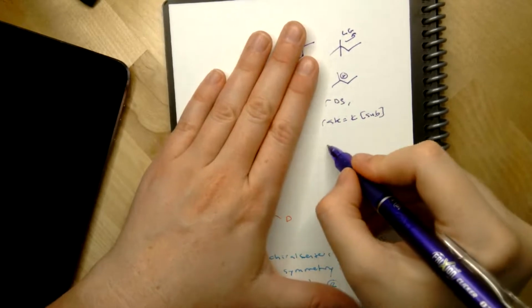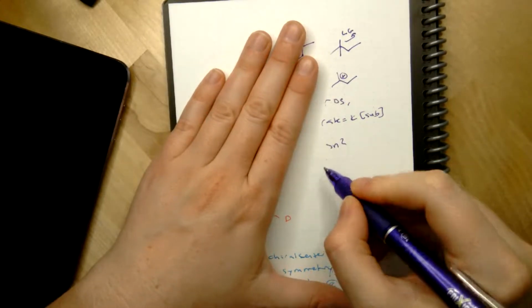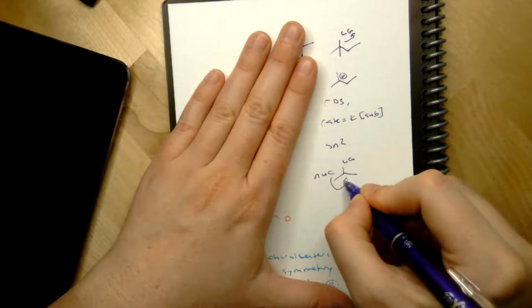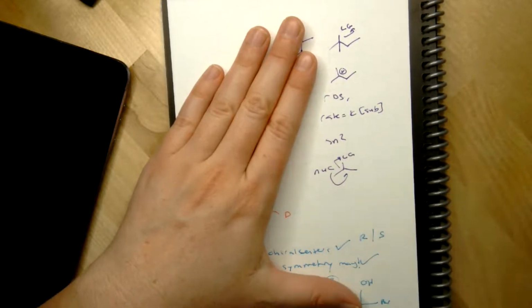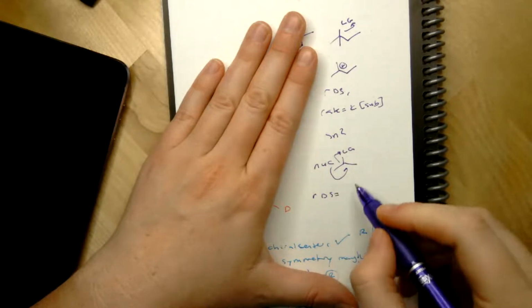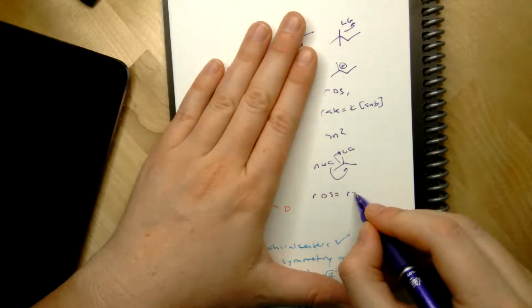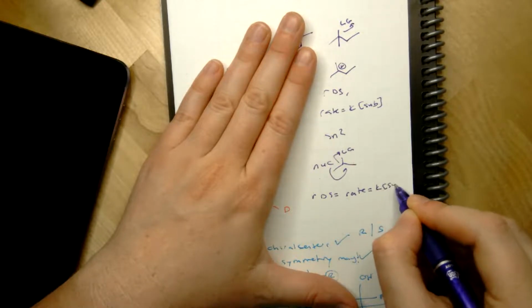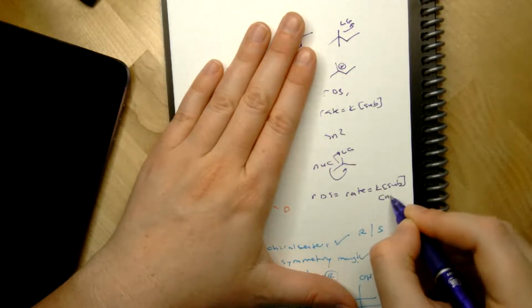In SN2 and E2, there's actually only one step, which is the nucleophile coming in and attacking the leaving group. So because there's only one step, that is the rate determining step. And that one involves the substrate and the nucleophile.